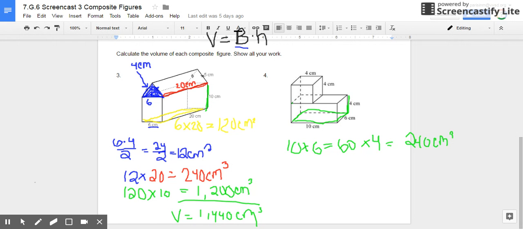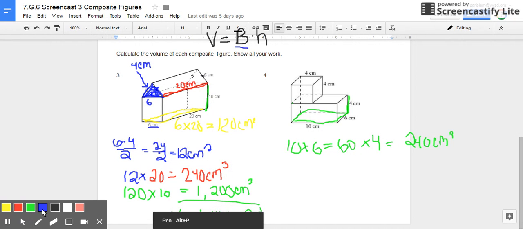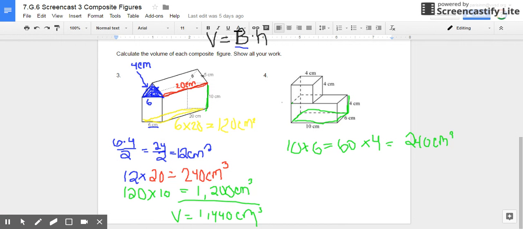Okay, next, in my next color, I need to find the volume of this rectangular prism above. So I first have to find the area of the base, and then I'm going to multiply it by my height. So if I look right here across, if this is 4 centimeters, I also know that across from it is 4 centimeters.